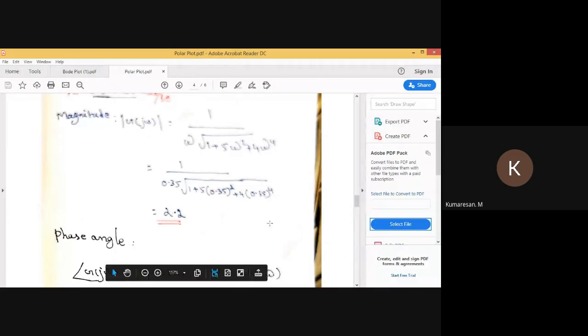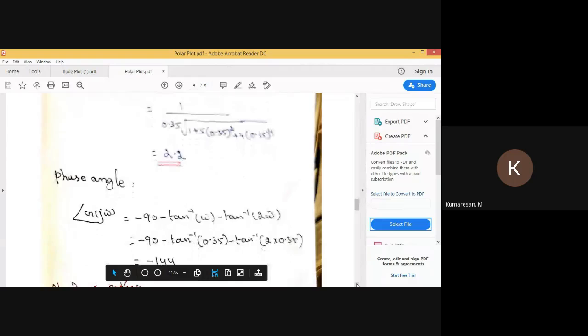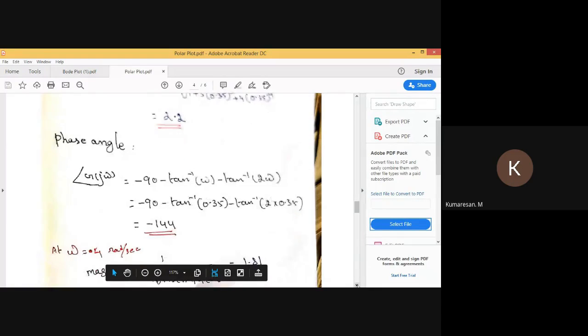For the same frequency, we are going to find out the phase angle. From the transfer function, we know the phase angle is minus 90 minus tan inverse of omega minus tan inverse of 2 omega. So minus 90 minus tan inverse of 0.35 minus tan inverse of 2 into 0.35. Now we get minus 144.